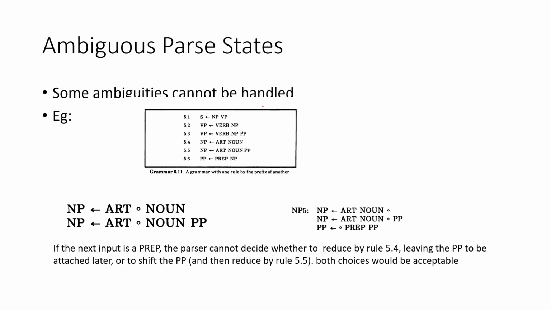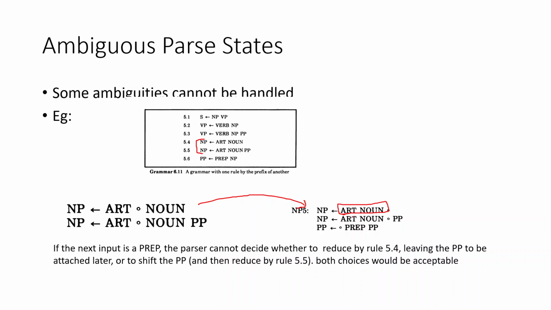If we look at this particular grammar, it has two productions for a noun phrase. Now if you come across an article, it moves to this particular state. From the article, suppose you come across a noun, you move on to state NP5. Here an article and noun have been processed.